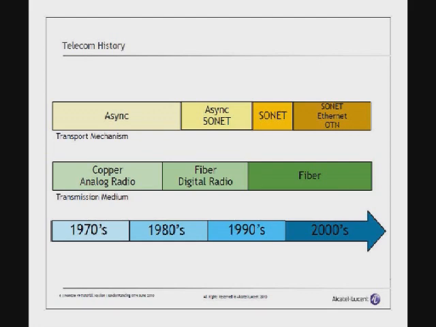So in the late 90s, the drive was, as a transmission medium, pure fiber, making the interconnects over fiber, metro, and long haul and globally. So that is the dominant transmission medium that we have today.